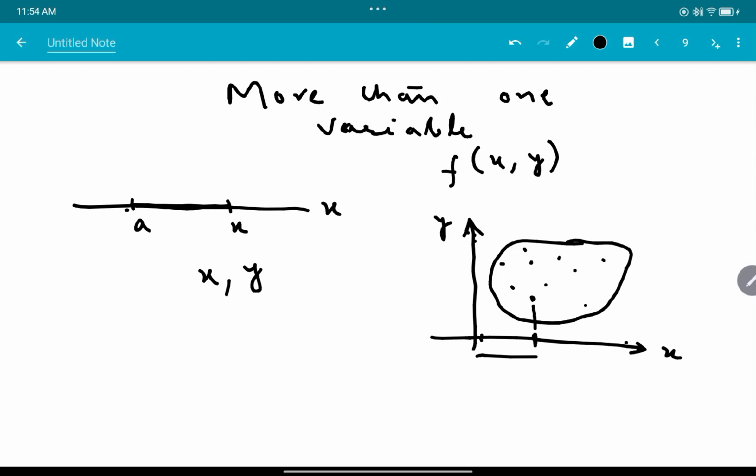But now points on this plane will have more than one coordinate. It will have an x coordinate, it will have a y coordinate. So each point now will have two coordinates, and instead of a line we will have an area.